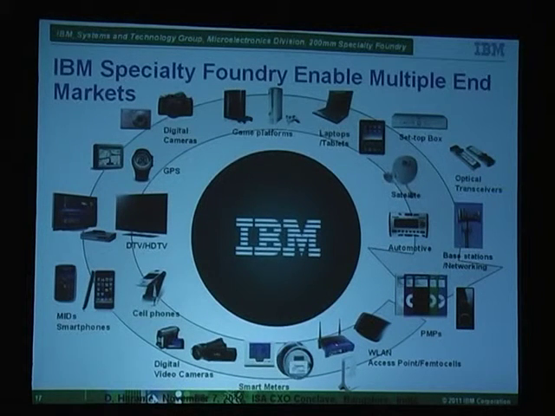So as this changed, we adapted and made the technology available for different applications. Automotive, here's this wireless backhaul. Optical, a lot of our technologies are used in your 10, 20, 40, 100 gigabit.